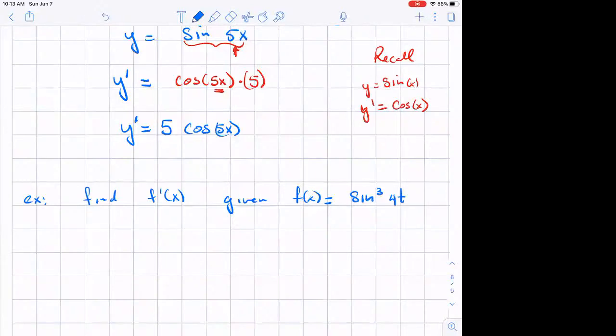Okay. Please keep in mind that this is the same as if we write f of x is equal to sine of 4t, everything cubed, right? Same meaning. It's the function cubed.